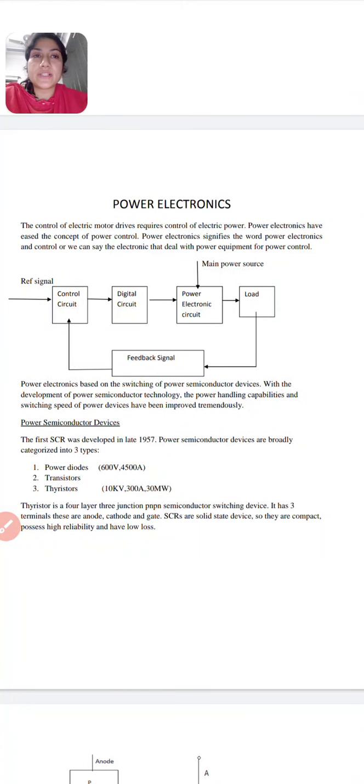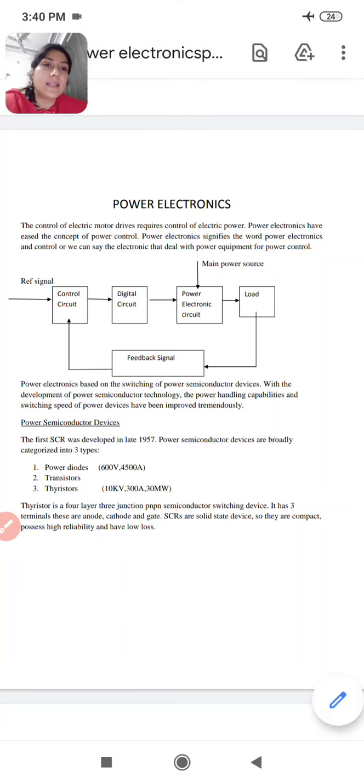Today's topic for discussion is power electronics. If we talk about the GATE examination, this subject has a very significant weightage. As per the syllabus of the GATE examination, the very first topic is characteristics of semiconductor power devices like diode, thyristor, triac, GTO, MOSFET, IGBT, DC to DC converter, all the power electronic devices.